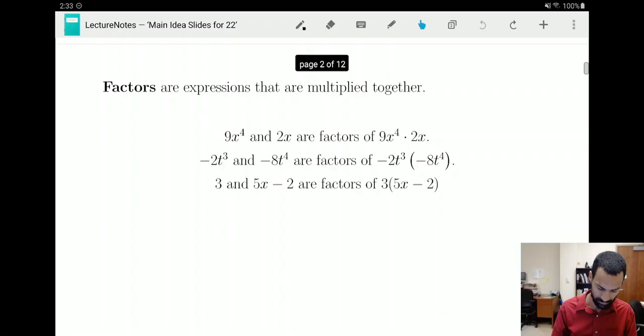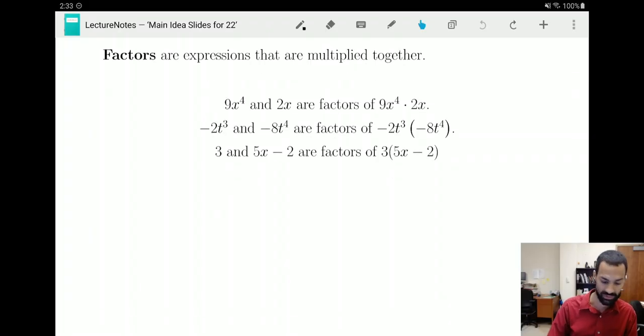Okay, so the first thing that I want to talk about is this idea of a factor. Factors are expressions that are multiplied together. That's a simple way to put it. So 9x to the fourth and 2x would be factors of 9x to the fourth times 2x, right? That expression there has factors 9x to the fourth and 2x.